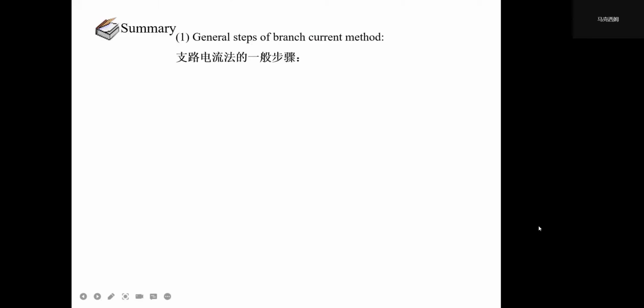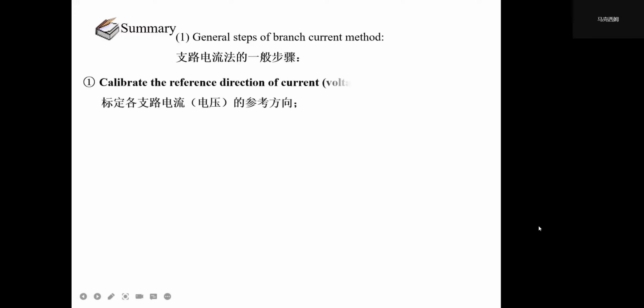So let's summarize it. The general steps of the branch current method are, first thing first, we have to calibrate the reference direction of the current and its voltage of each branch.